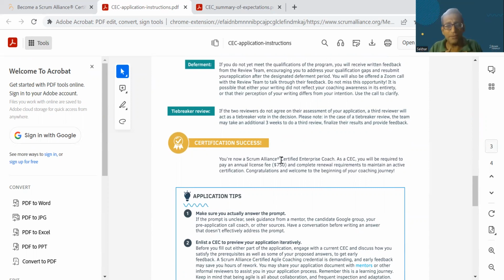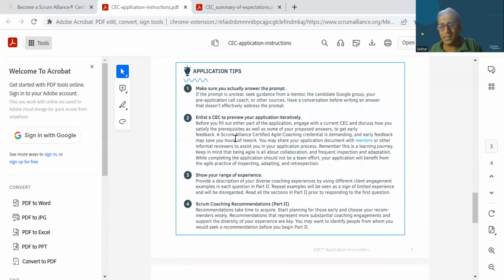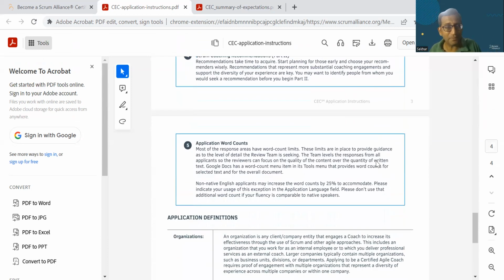There is, I believe, a yearly fee of $750 to maintain the certification. There are some tips in this box. You can go through them, and you can ask more questions as you go through it.